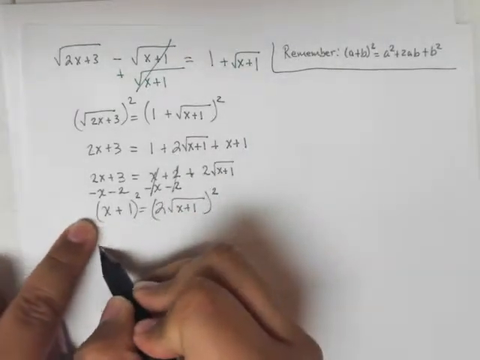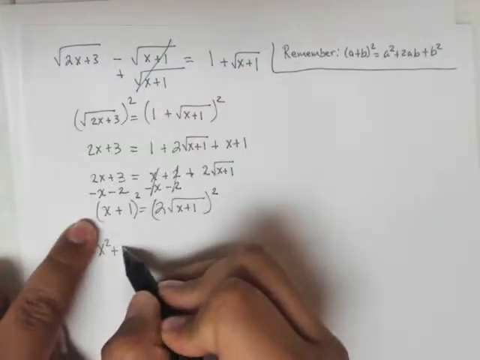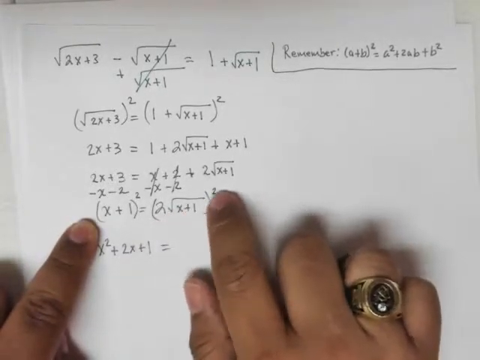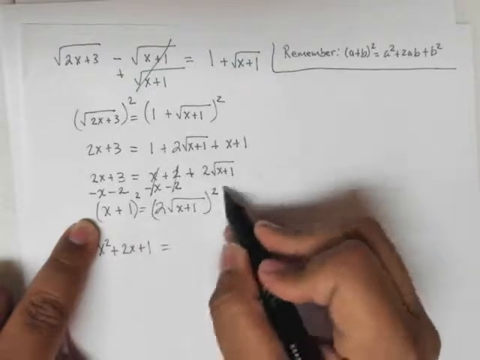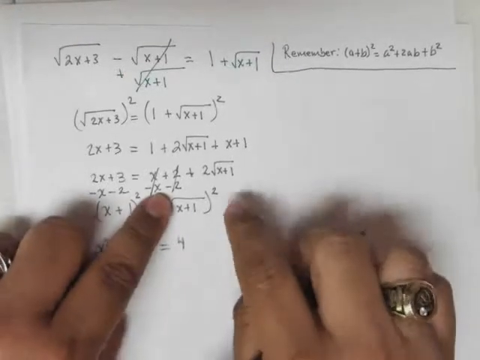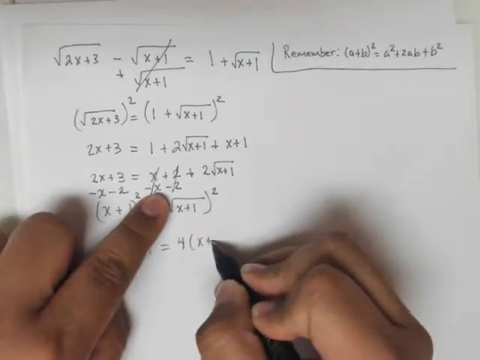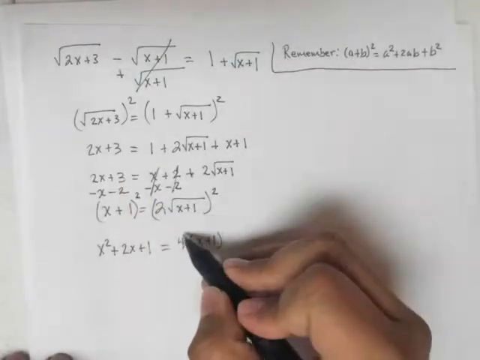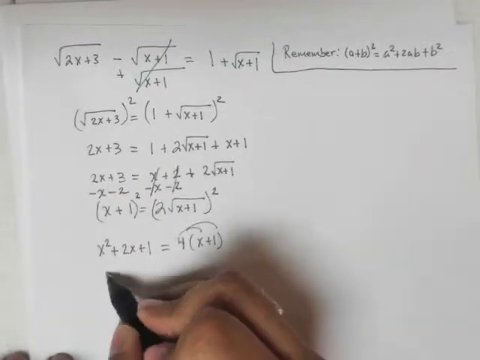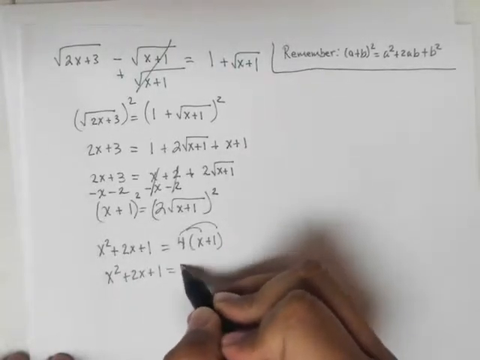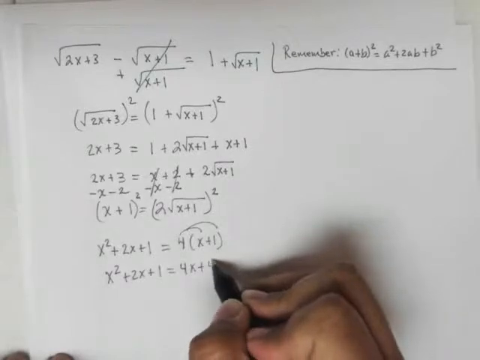And let's say that this is x squared plus 2x plus 1 equals, now when you square this guy, that's really easy. 2 squared is 4. And when you square a square root, you get rid of it. So 4 times x plus 1. And then distribute. We've got x squared plus 2x plus 1 equals 4x plus 4.